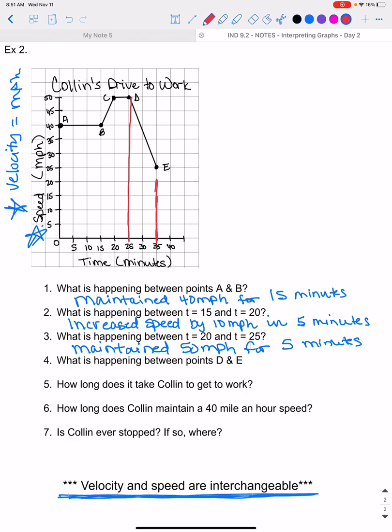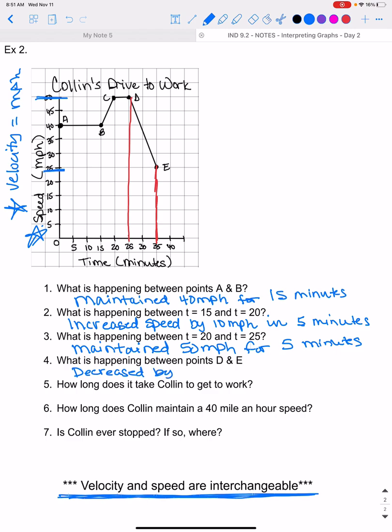Okay, mark E. And then we also want to mark what's happening over here. So he was going 50 miles an hour at point D, and then he slowed down to E, which is 25 miles an hour. So what happened here? Well, he decreased, right? Or he slowed down. He decreased by, well, how much did he decrease?